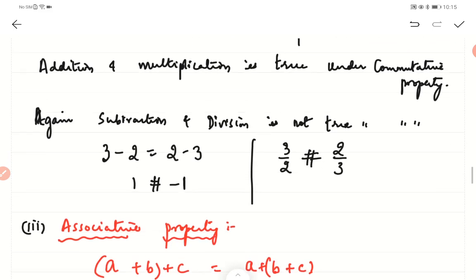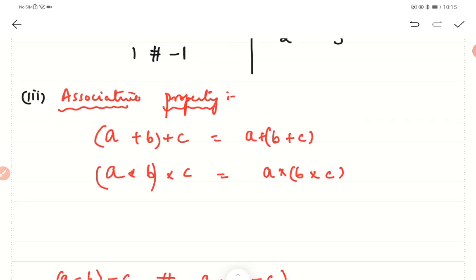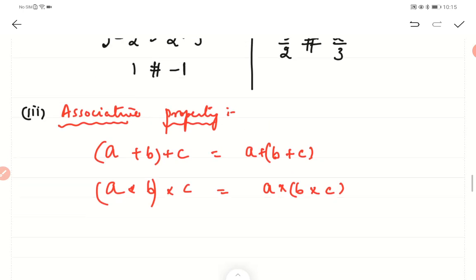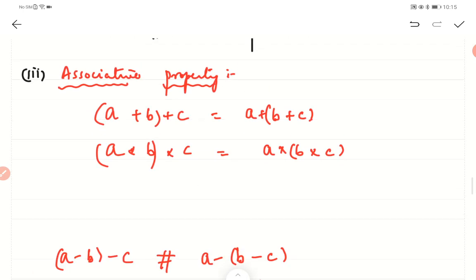Okay, so let's see now associative property. So what is associative property? See, basically associative property is your shifting of parenthesis or brackets. See here, so here you have a plus b, plus c.